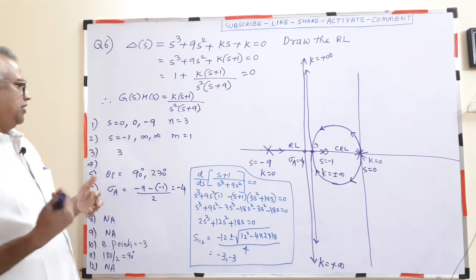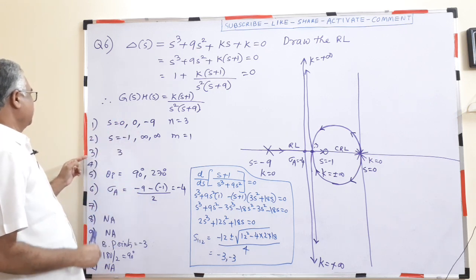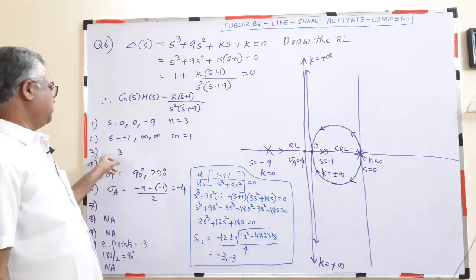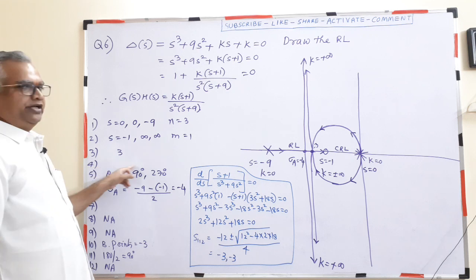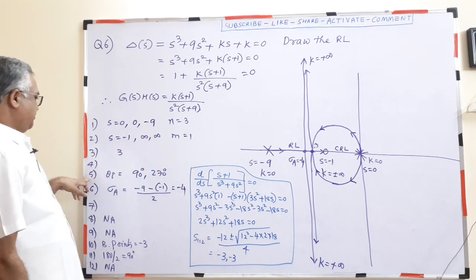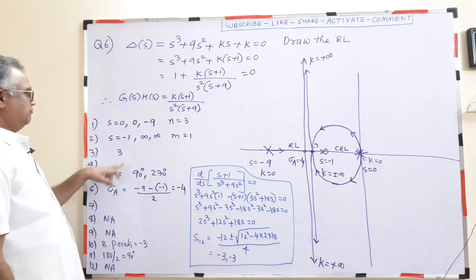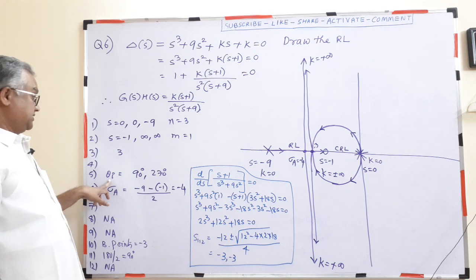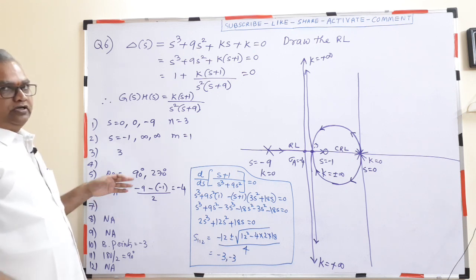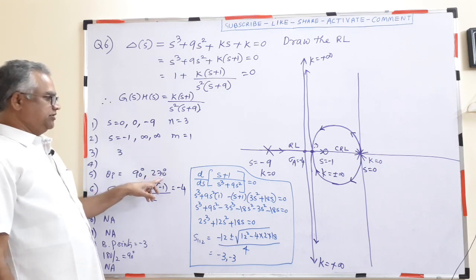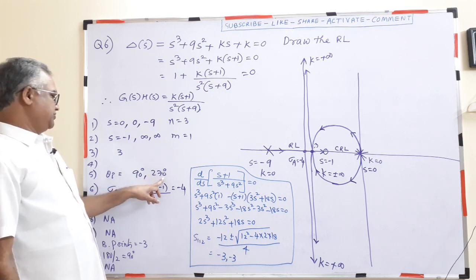These points were discussed many times earlier. Then the third one is simple, number of branches equal to order of the polynomial. The fourth one is a common statement, I already told you many times. Fifth one, because of this, we will get two asymptotic angles. Theta I equal to, the formula is given, you verify, you will get 90 and 270 degrees.